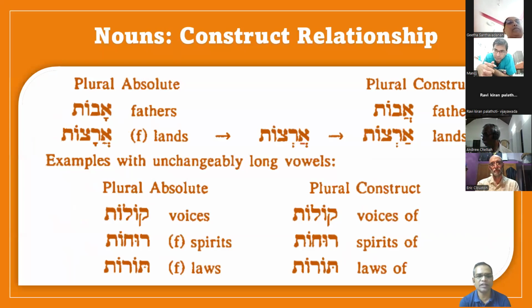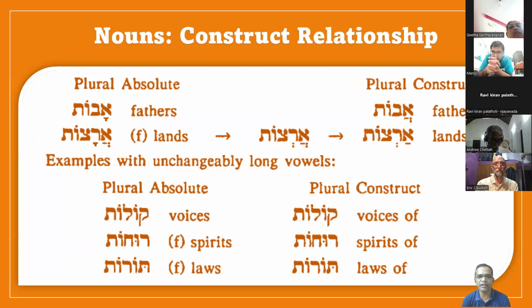But you see, if both the syllables are carrying unchangeably long vowel, in the feminine plural forms, the feminine plural ending is holum, vav, and tav. That means the last syllable is unchangeably long vowel. But if the initial syllable is carrying unchangeably long vowel, then both in the absolute and the construct state, the nouns will appear in the same form.